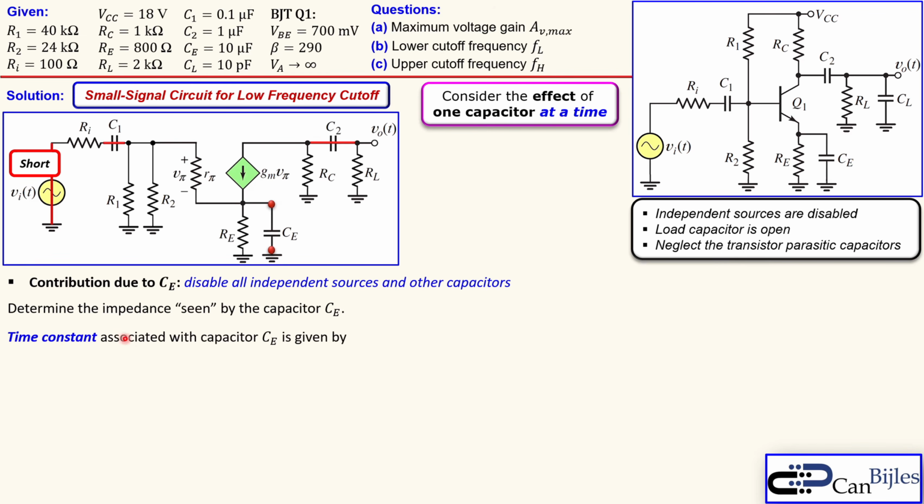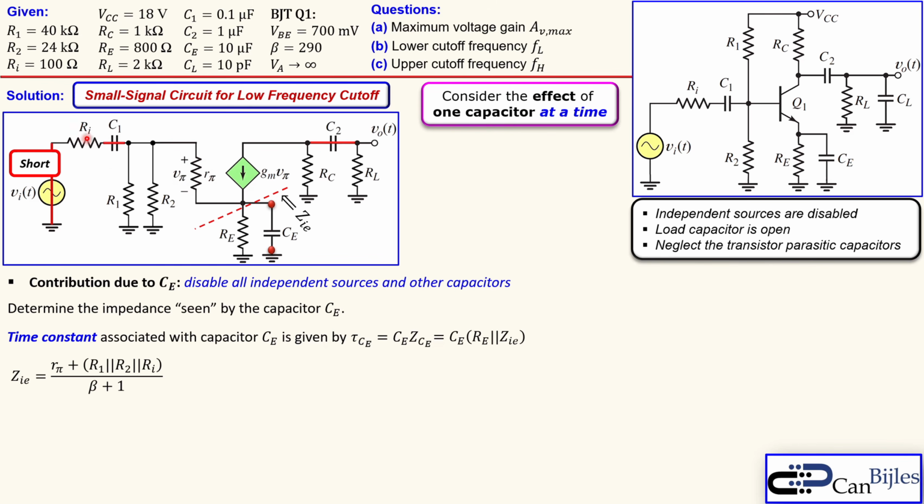The time constant associated with this capacitor CE is CE times the impedance seen by the CE, which is ZCE. In this case it is RE, in parallel with the impedance we need to look up, which is ZIE.